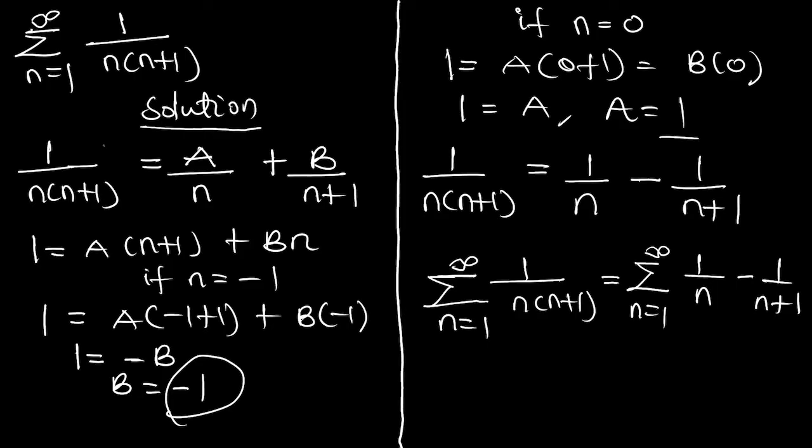Now let me make some space and start doing the actual work. This is the resulting series that we had after partial fraction resolution: 1 over n minus 1 over n plus 1.